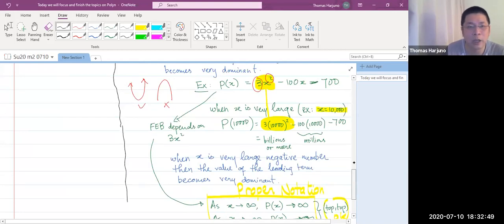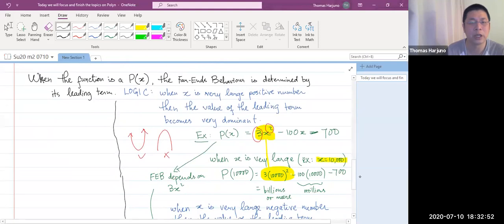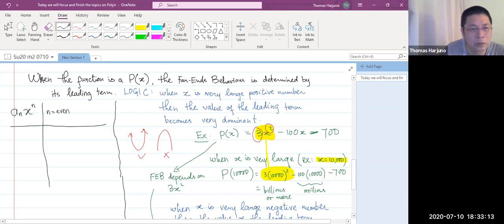Now, because of that logic that the far end behavior is determined by the leading term, we can summarize it right away with the following. It depends on the leading term, a_n x to the n, right? Now, when n is an even positive integer, it's either facing up or facing down.